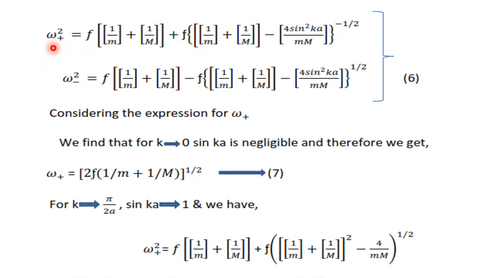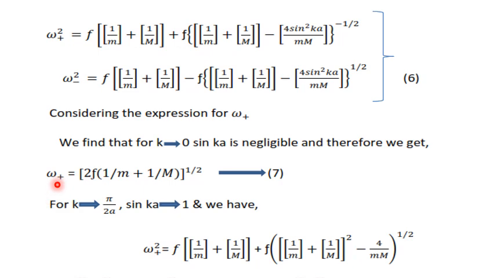Omega plus means what will happen? The solution is, when k becomes 0, sin Ka is negligible, therefore this value should become 0. So what will be the answer here? 2f will come, the same thing will come with root, because omega plus square is equal to this value.